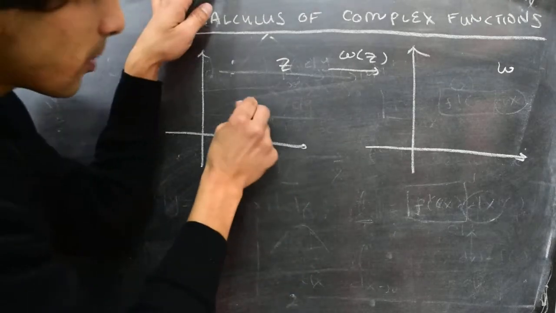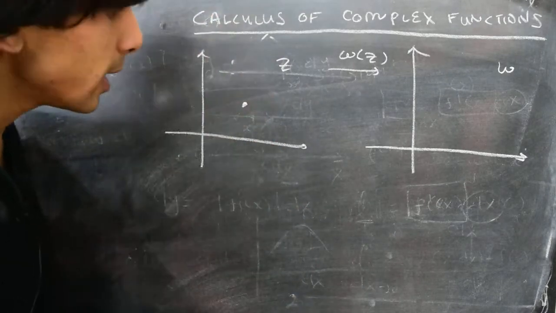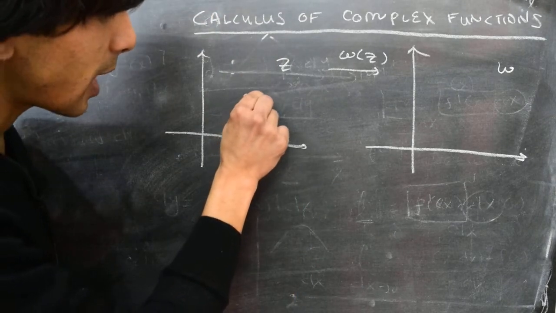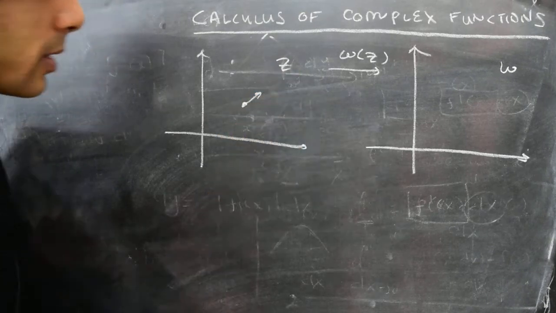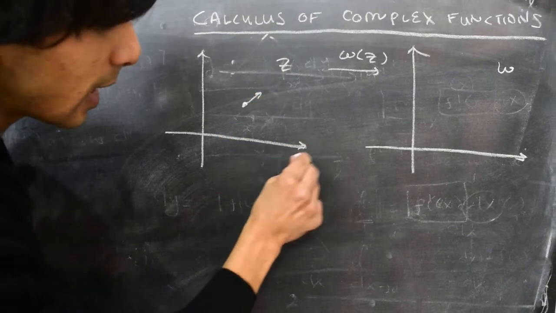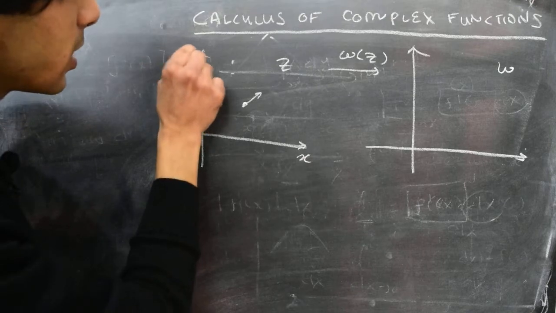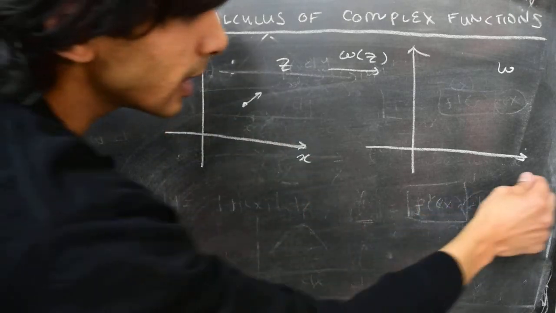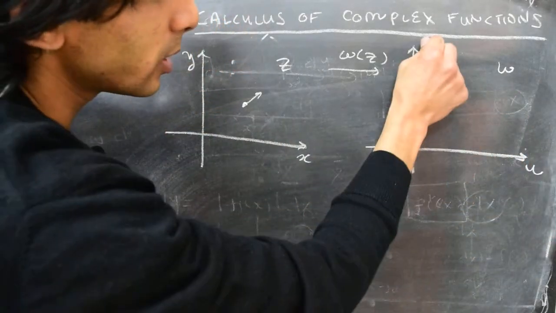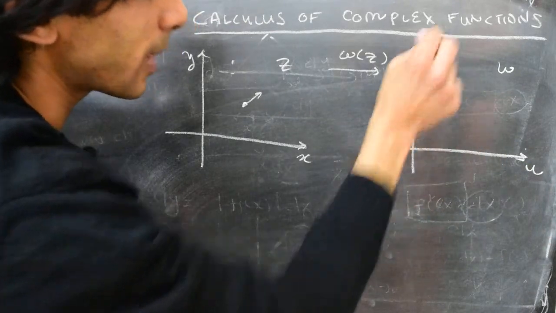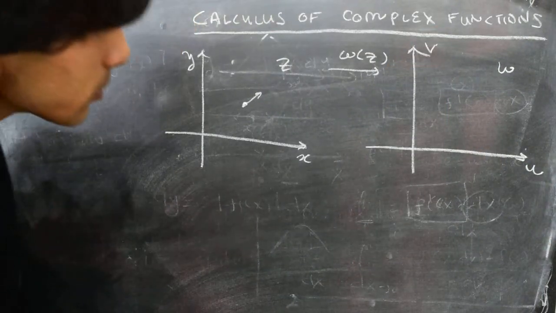Now let's say you're at some point here on the z-plane, and you make an infinitesimal arrow here. This is the real axis, so let's label this as x. This is the imaginary axis, let's label this as y. This is the real axis on the w-plane, which we label as u, and this is the imaginary axis, which we label as v.